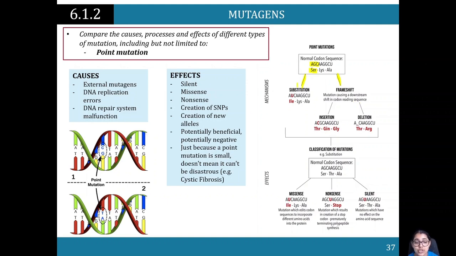In substitution mutations, what happens is, as you can tell by the name itself, one of the nucleotides substitutes the other. So instead of the G here, the guanine, there has been a substitution and there's been a uracil that has been inserted. And this, remember, is happening during translation.